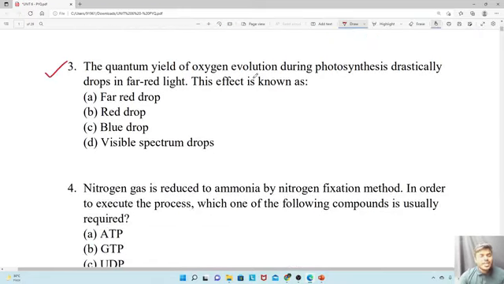Question number 3. The quantum yield of oxygen evolution during photosynthesis drastically drops in the far red light.